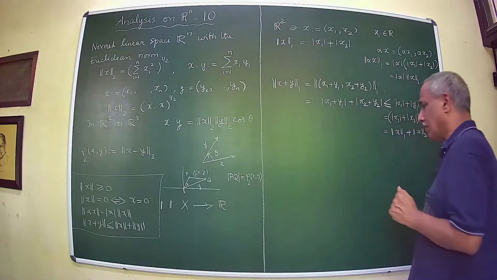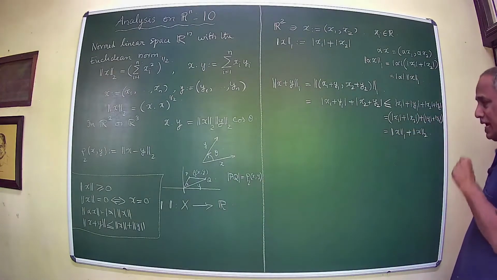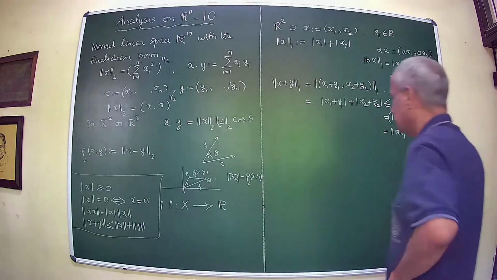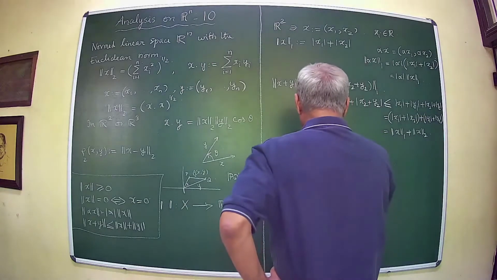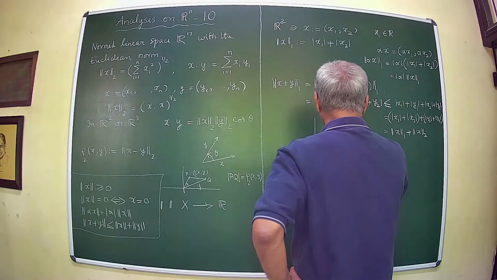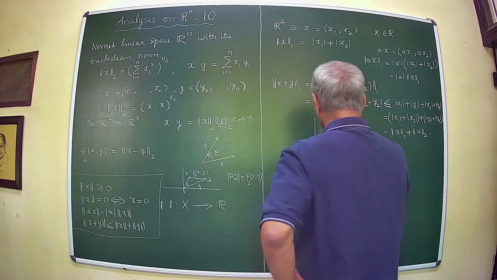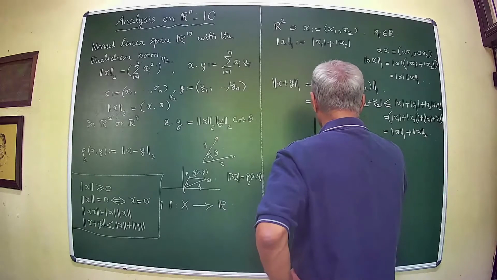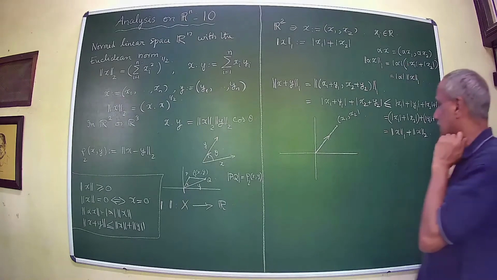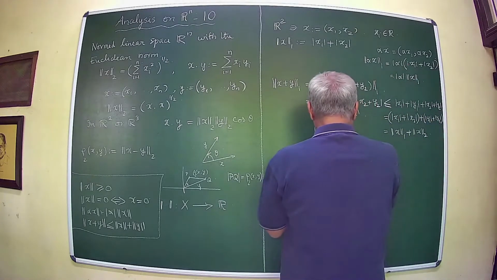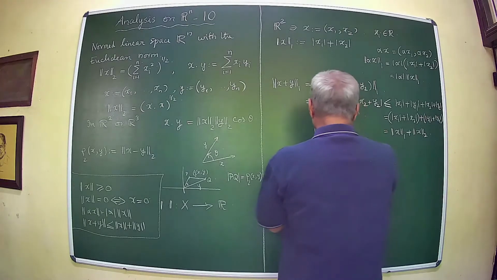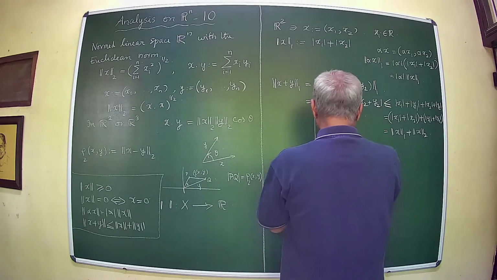This is also a norm, and we would like to see exactly what the norm of a vector is in this case. Suppose you take a vector x1, x2 in R2. Then the length of this vector is essentially the following. This is the length mod x1, and this height is x2.